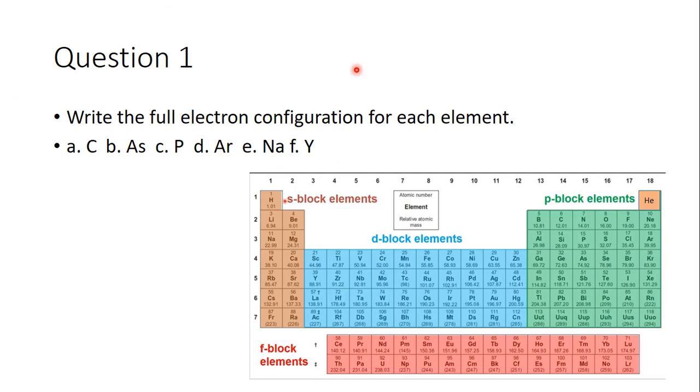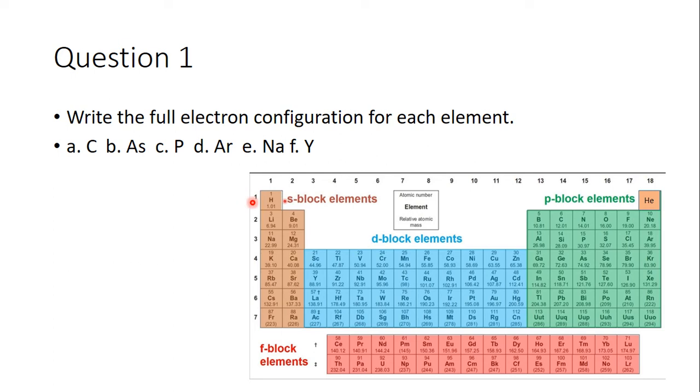Our first question is looking at the periodic table and determining what the electron configuration is. I'm going to show you how to do this for C and As, and I'll put up the answers for the other one. Okay, so we want to do carbon. These elements are called the S block, and you can just count.